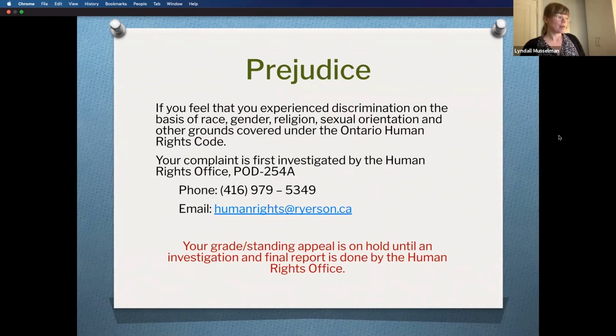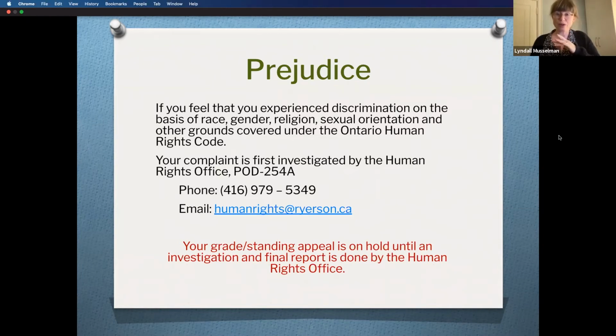So do that. Just know that there will be a very thorough process triggered by this type of appeal. And I feel like I maybe should change the wording on this slide, the red text at the bottom here, because I think in the new policy, policy 168, I don't know that the appeal is completely on hold while the investigation is underway, especially if you appeal on multiple grounds.